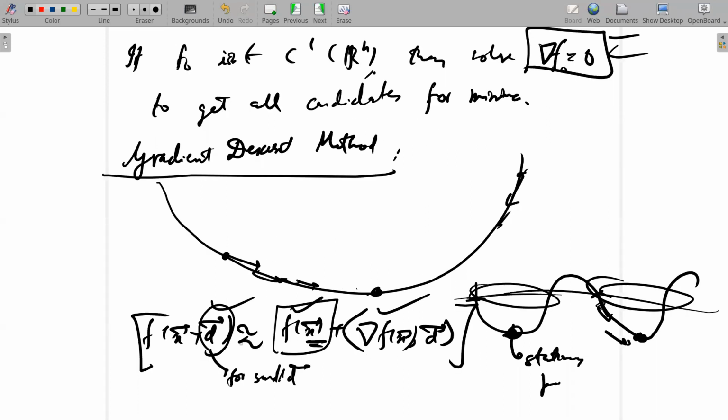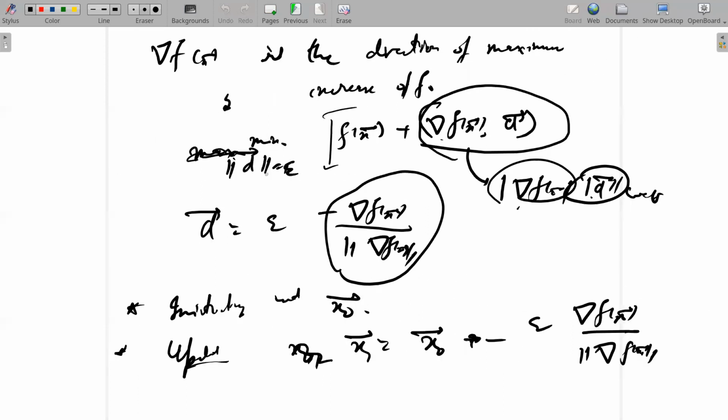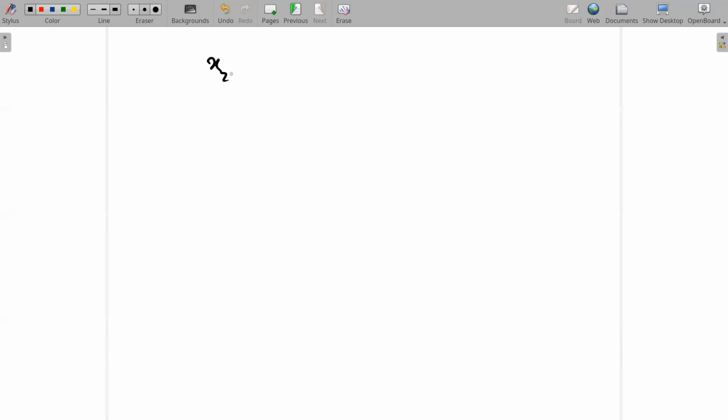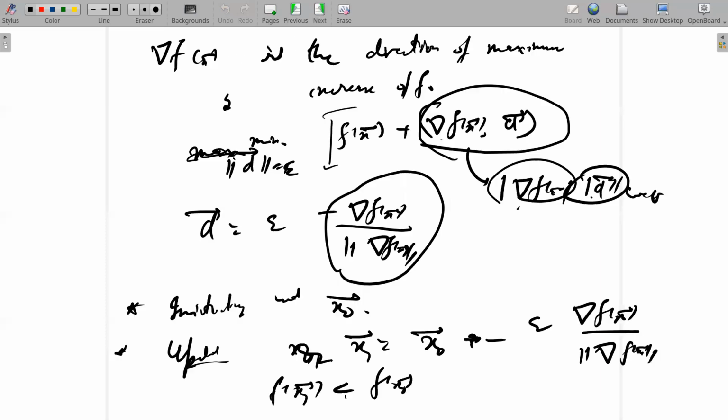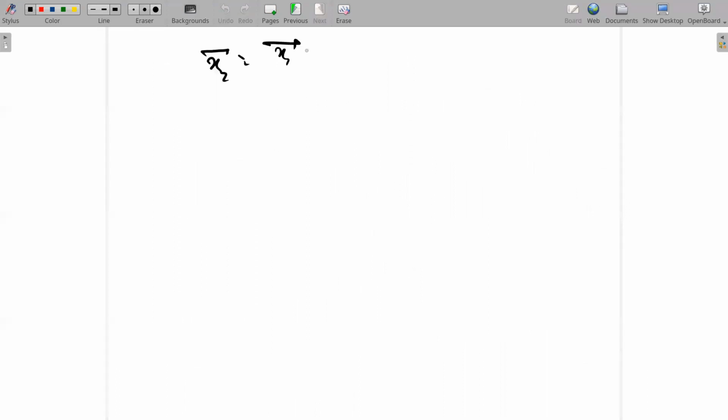Now starting from x naught, we moved to x naught plus d. So we know the value of f of x1 is in fact less than the value of f of x naught. So we have decreased our value. Next you choose x2 to be equal to x1 minus epsilon grad f of x1.